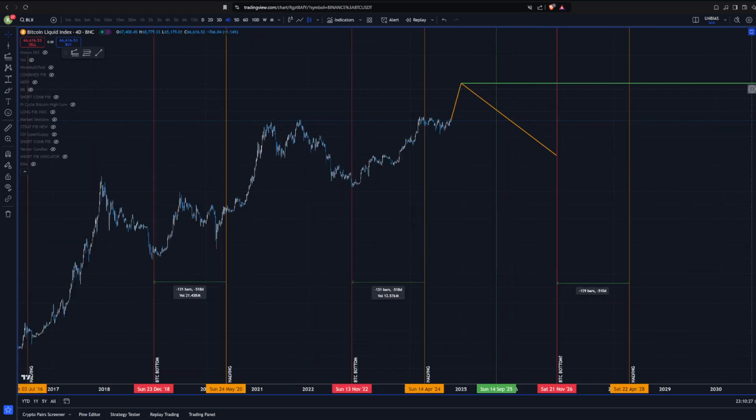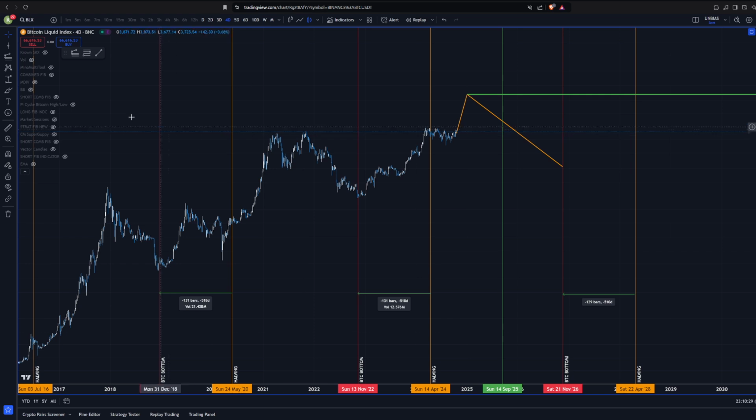If the 150K region were to be hit and we were to grind sideways, we don't actually get a parabolic move up that is significant to any degree, unless it were to move up from here, in my humble opinion. Unless like we go really sideways for the next five months or whatever, and then we push up really heavy into the last part of the bull market.